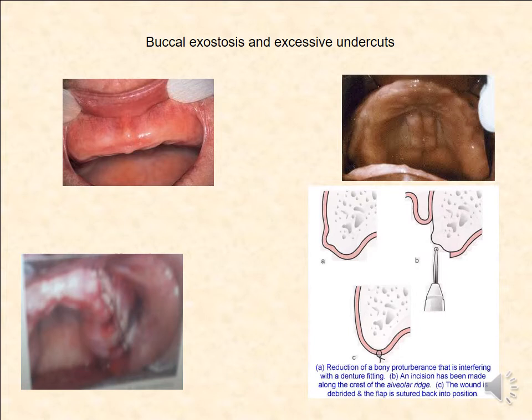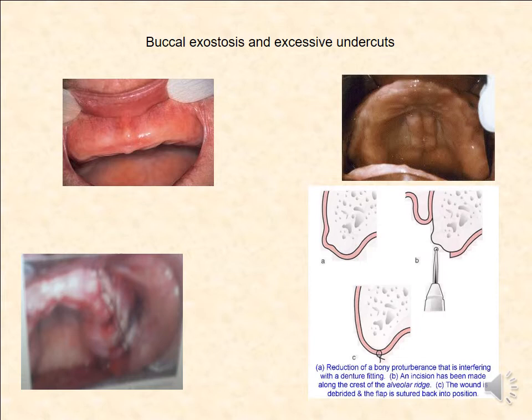Another technique concerns exostosis and excessive undercut. If in the anterior part of the maxilla there is an excessive undercut that prevents taking a good impression, mainly for a complete denture, you must make an incision on the ridge of the anterior teeth and cut the labial bone with a surgical round bur, then smooth it with a bone file.